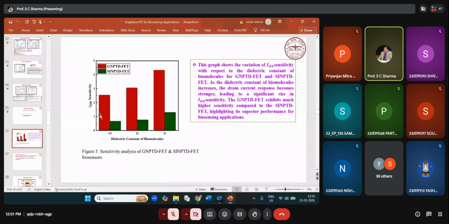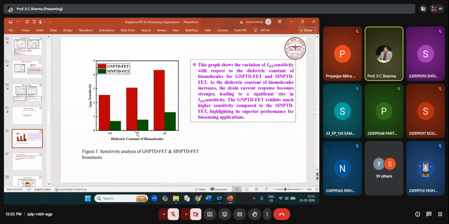Then on sensitivity as a function of dielectric constant of biomolecules. We can see, the red one is the graphene based device and this one is the silicon based device. 4.5 means without biomolecule. This is graphene based and this is silicon based.